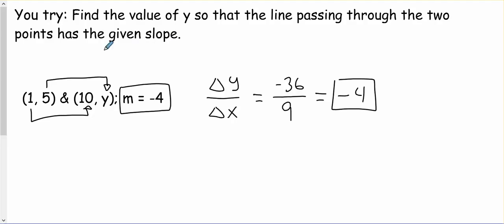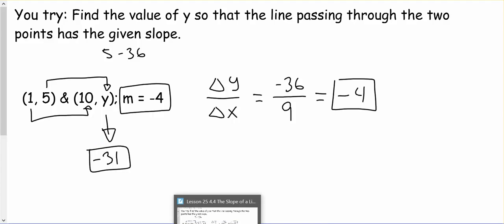So what is 5 minus 36? 5 minus 36 is negative 31. So this y value right here is going to be negative 31. Five to negative 31 is negative 36.